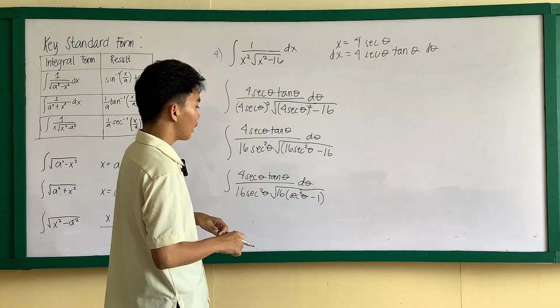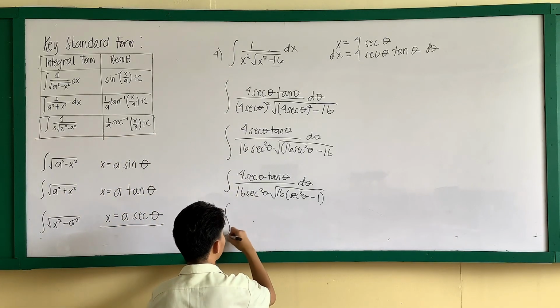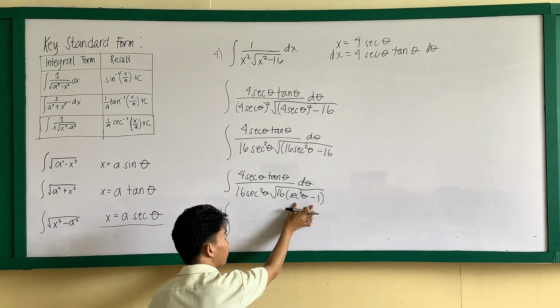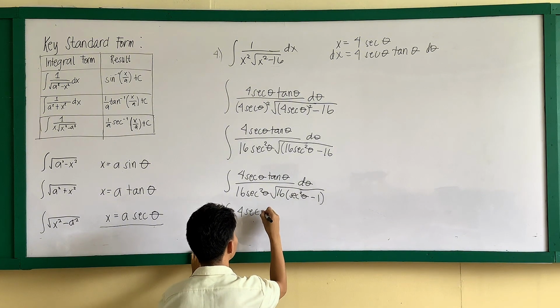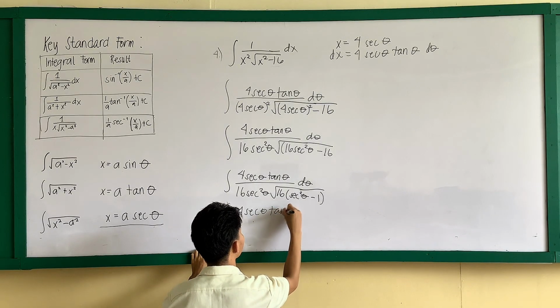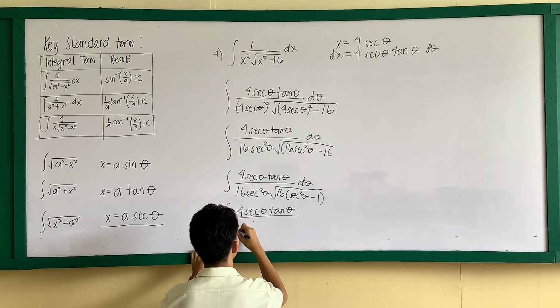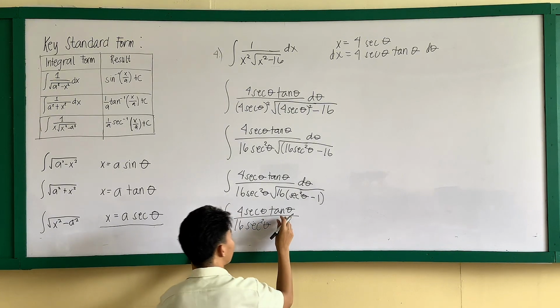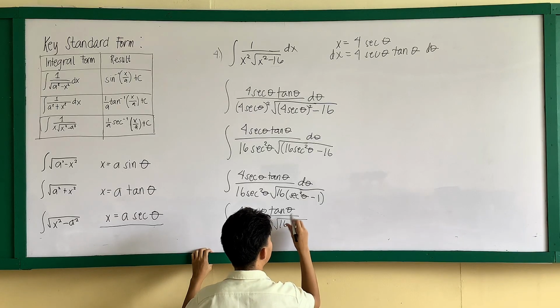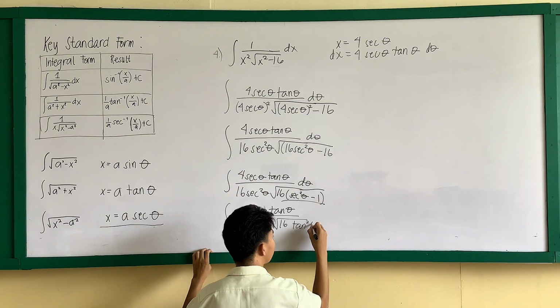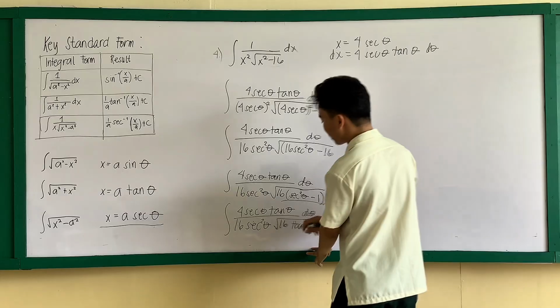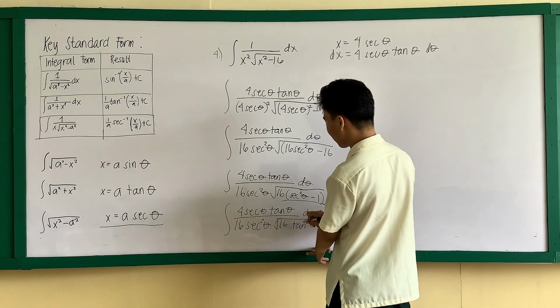So next is we need to substitute this into tan squared theta. So copy the numerator. 16 secant squared theta. We need to substitute this into tan squared theta. So what we should do next is to cancel out the square root.